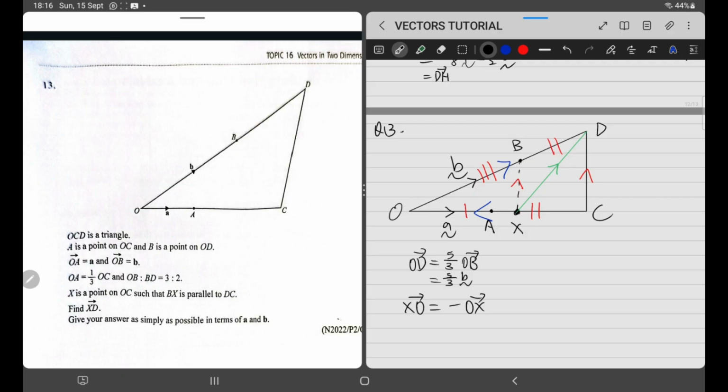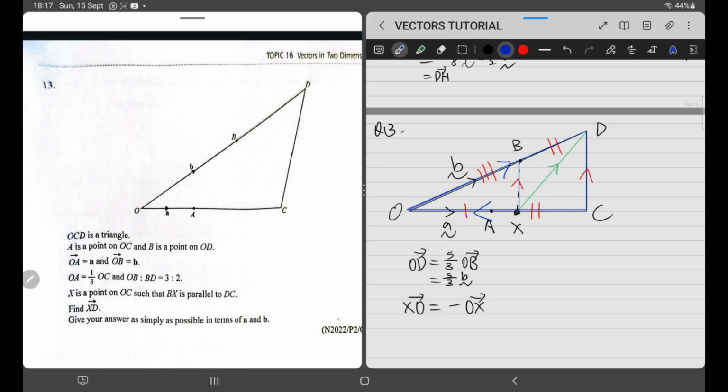Okay, so let's look at this. OA is 1/3 of OC. OB is 3 units here, and BD is 2 units there. Okay, I got it. So it's just similar triangles, because this triangle here is similar to this triangle over here.